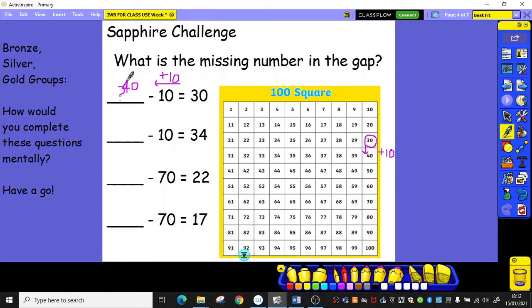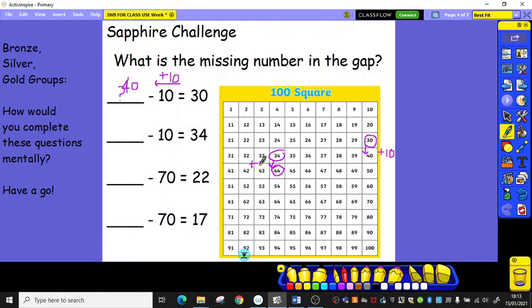Now, if I look at the other questions, then very similar. If my starting number here is 34, if I've subtracted 10, then 10 more is just going to be the number on the square above. 1, 2, 3, 4, 5, 6, 7, 8, 9, 10.